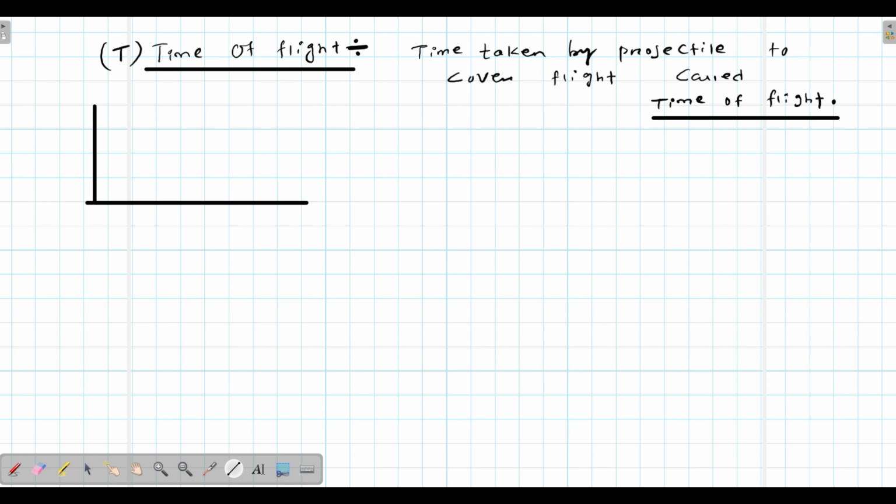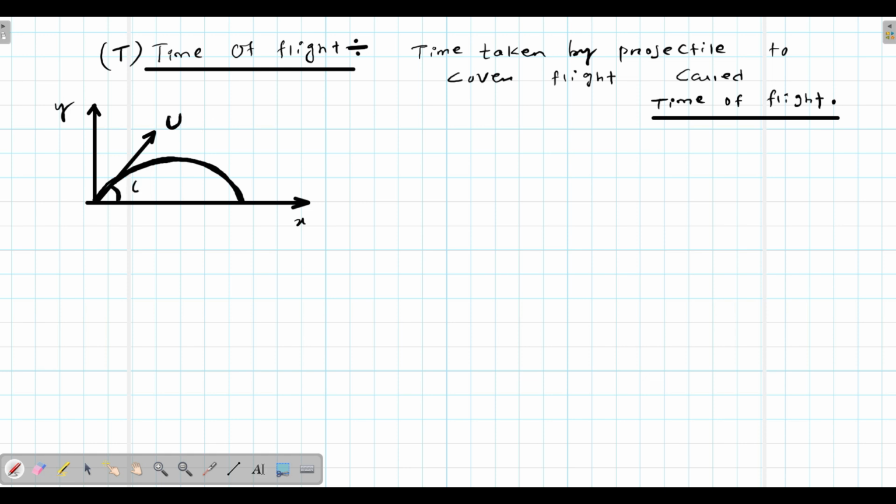So this is x, this is y. Time taken by the projectile to cover the flight, that is the time of flight. A body is projected with speed u, and the angle of projection is theta.